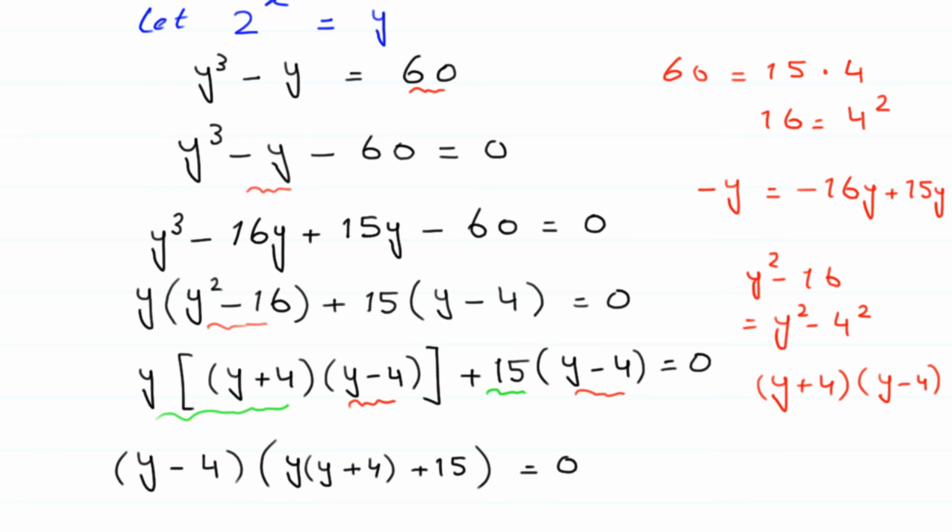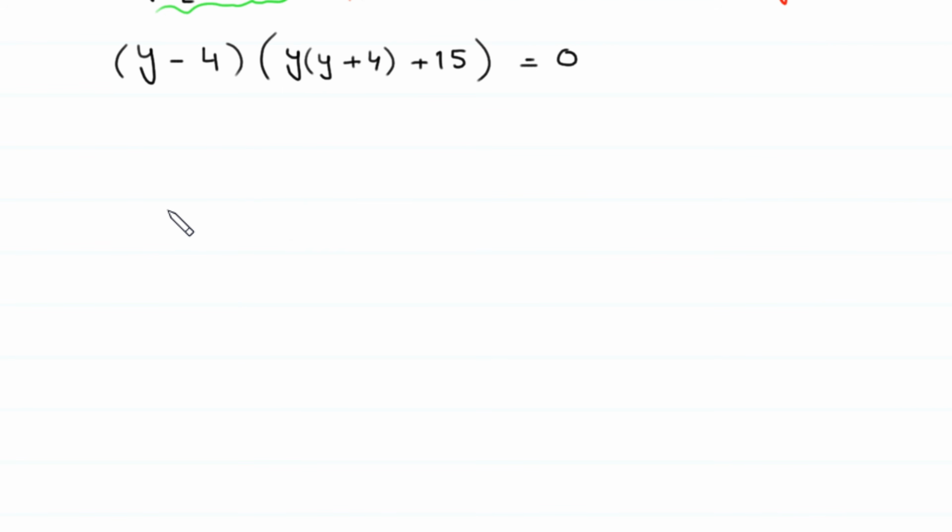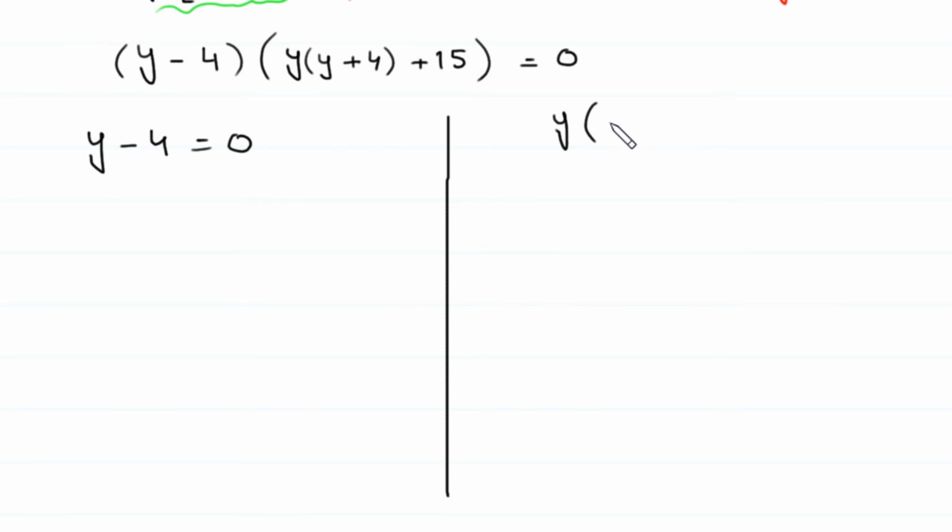Now from here either y minus 4 is equal to 0, or y times y plus 4 plus 15 is equal to 0.